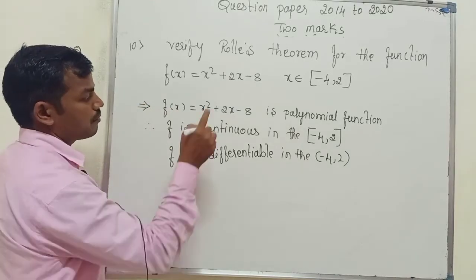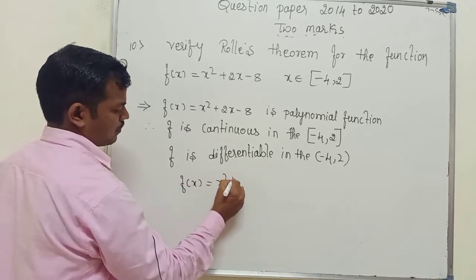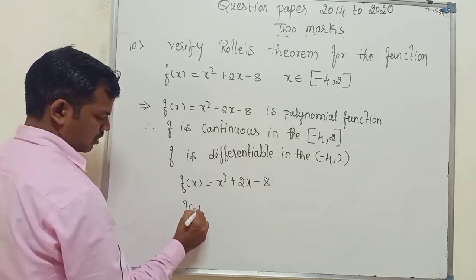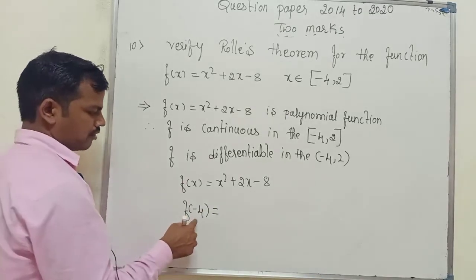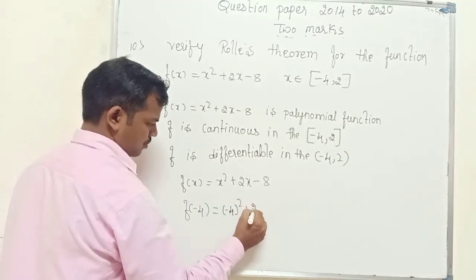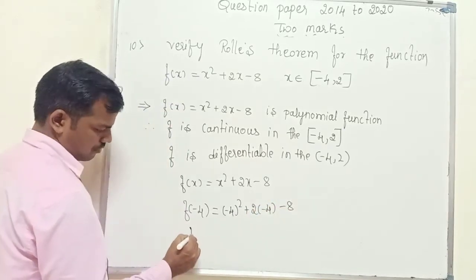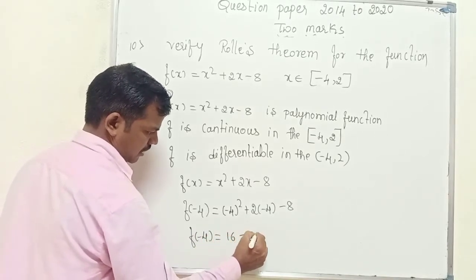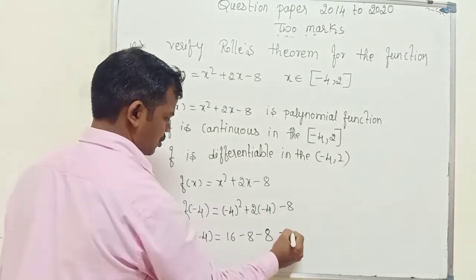Next f of minus 4. f of x is x square plus 2x minus 8, so f of minus 4 is minus 4 square plus 2 into minus 4 minus 8, which is 16 minus 8 minus 8, that is 0.